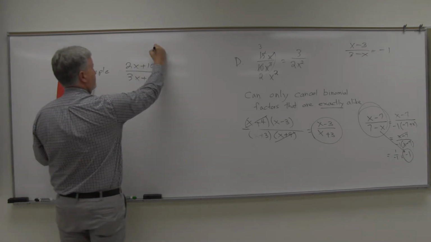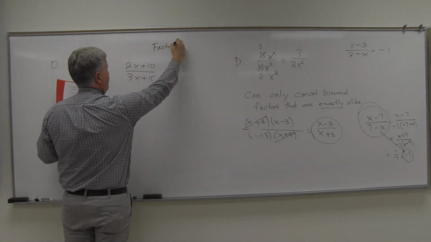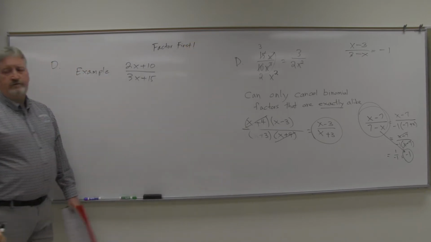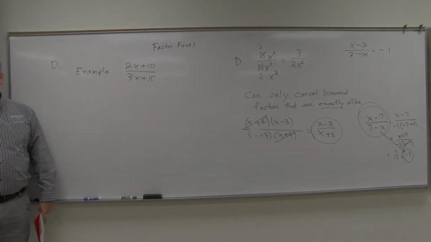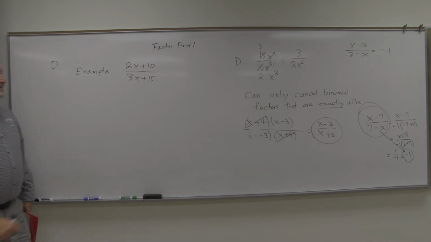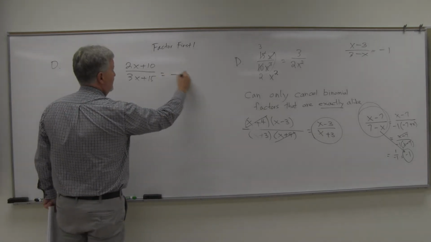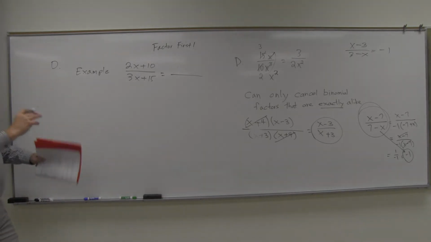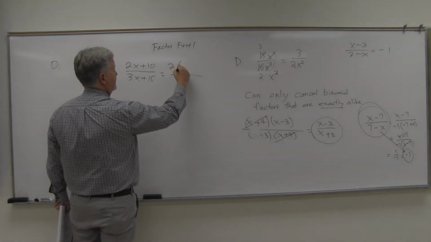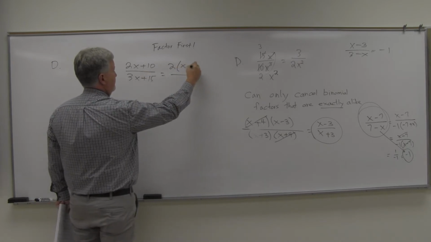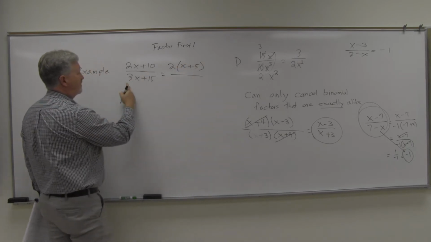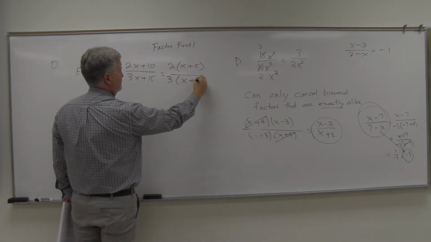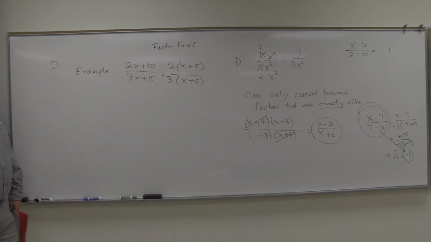That's the rule that we're going to live by here. Factor this first. If we factor 2x plus 10, that just has a common factor of 2, so we're going to pull out a 2, and that'll leave me x plus 5 here. On the bottom, I can factor off a 3, so that'll make it 3 times x plus 5.